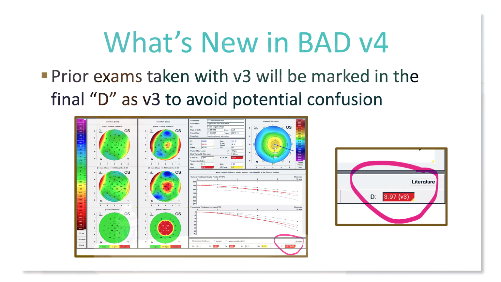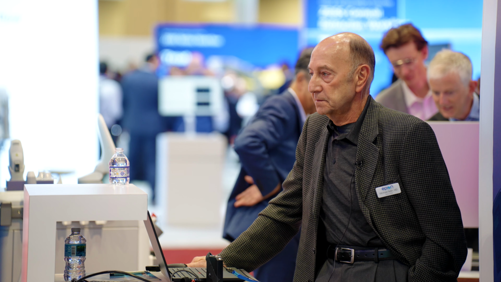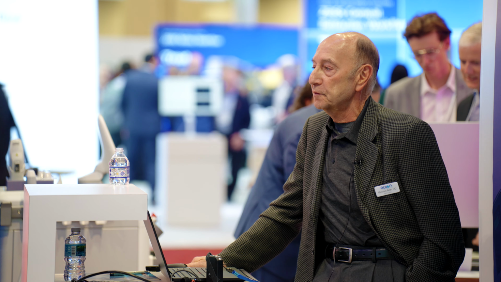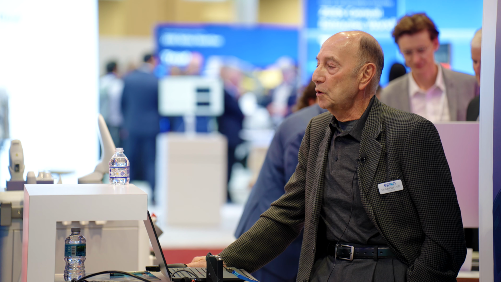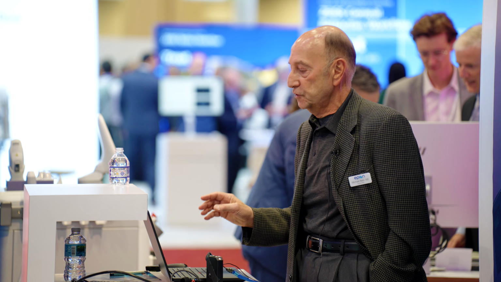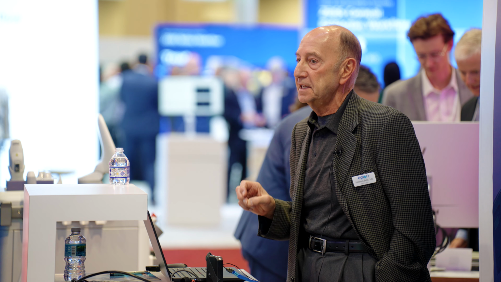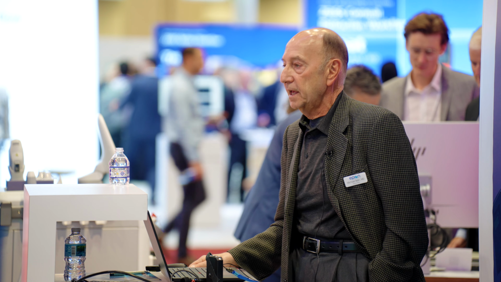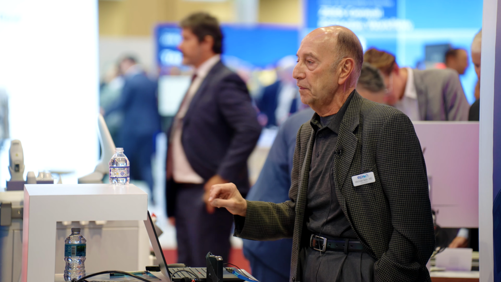So what's new in BAD version 4? Any prior exam that you did, once you upload version 4, which is not yet released, your old exams will still show you the final D based on version 3. And you can see here it's circled. It'll have a little parentheses that says V3.